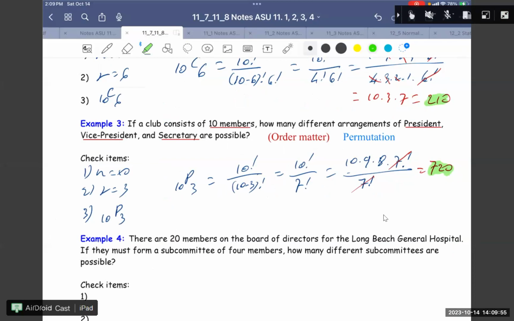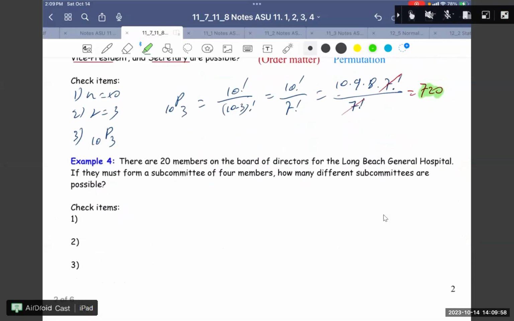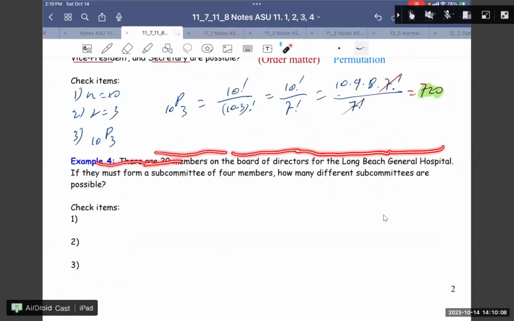So now for number 4, there are 20 members on the board of directors of Long Beach General Hospital. If they must have subcommittees of 4 members, how many subcommittees are possible?